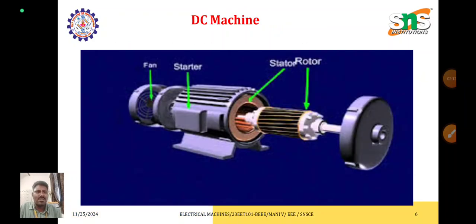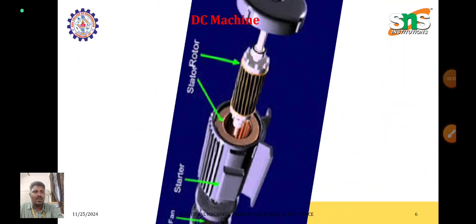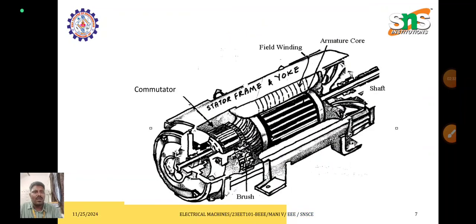The DC machine consists of a stator and rotor, and it requires some kind of starter, and for cooling we are using certain kinds of fans. So this is the stator view, and that is the rotor view.